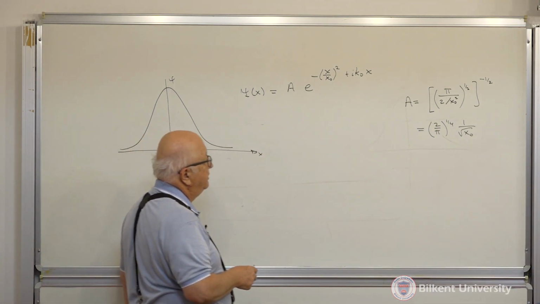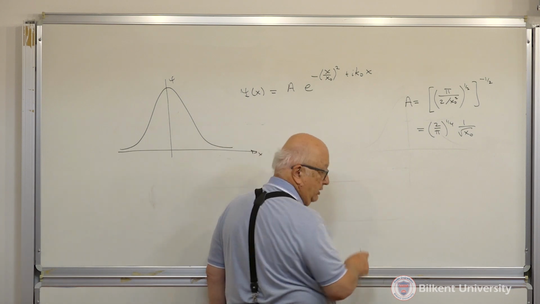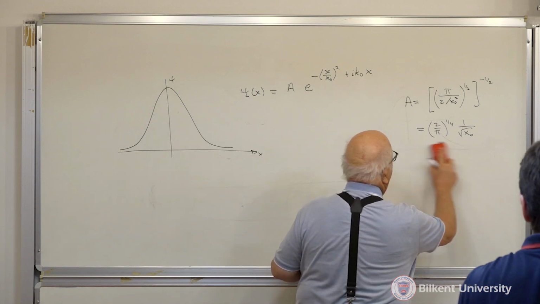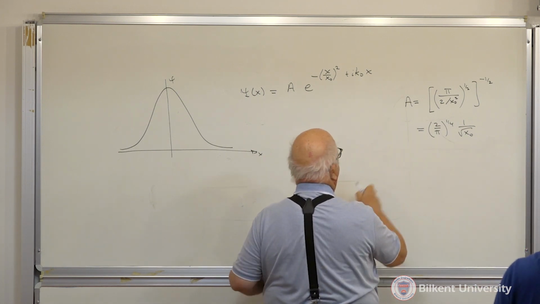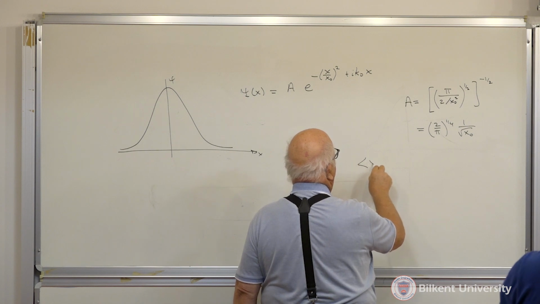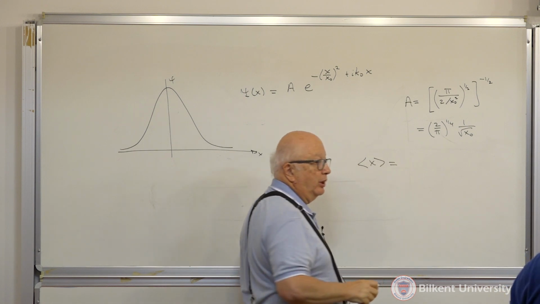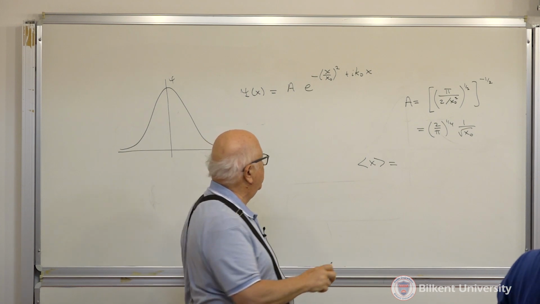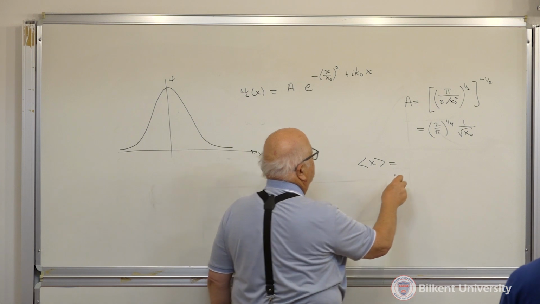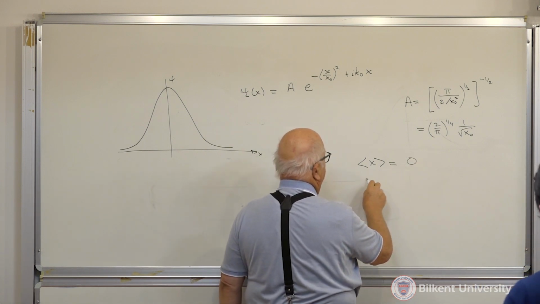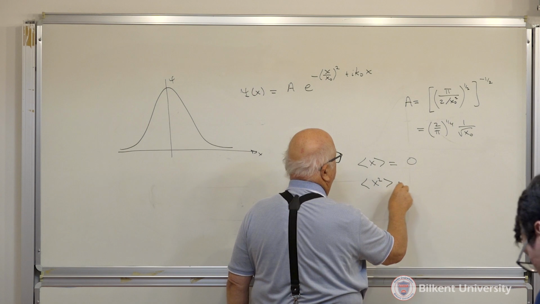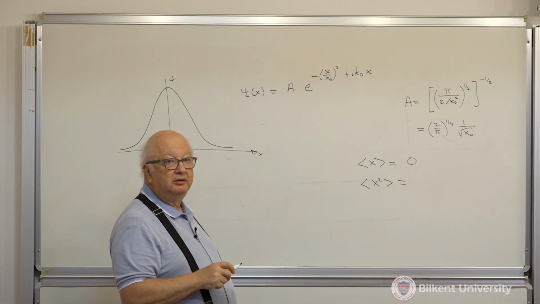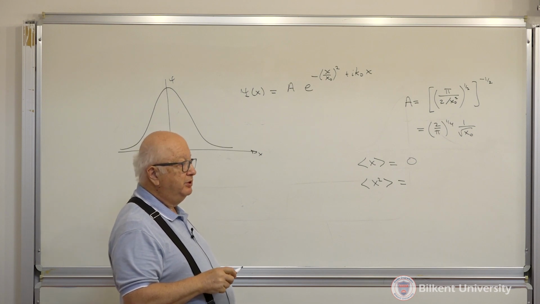And then we looked at various averages. We looked at the expectation value of x. What was that equal to? What is the average value? 0, right? It just sits at x equal to 0. We looked at the average value of x squared. What was that? Remember?